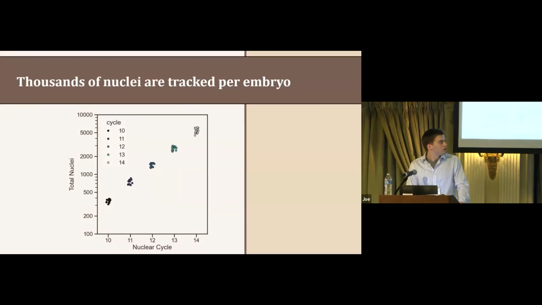We are tracking thousands of nuclei per embryo, and fortunately, every time a nuclear division goes by, we double the amount of nuclei along the surface, which is great. At the end we have 5,000 to 6,000 nuclei that are fully tracked.